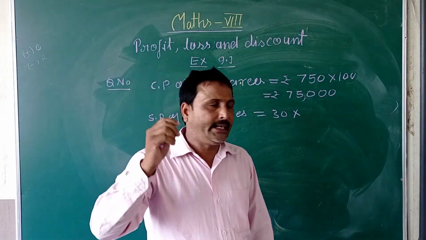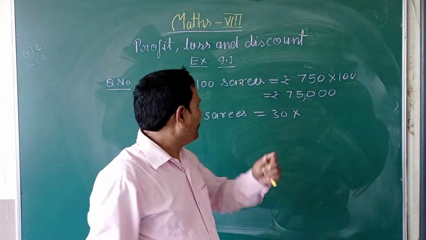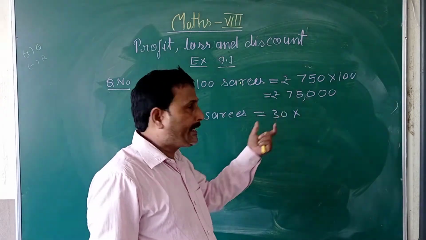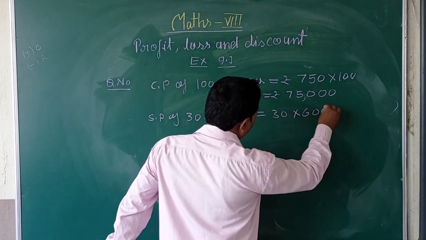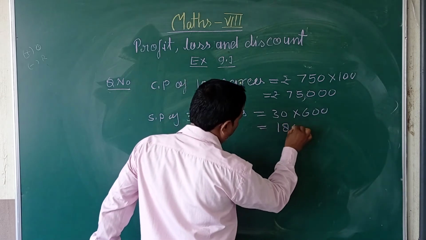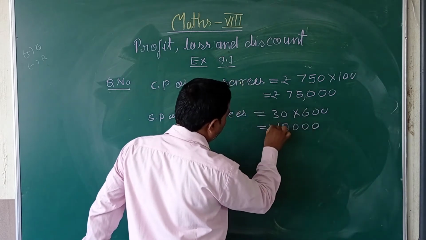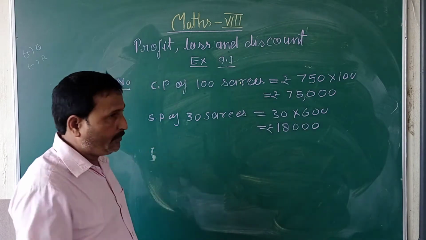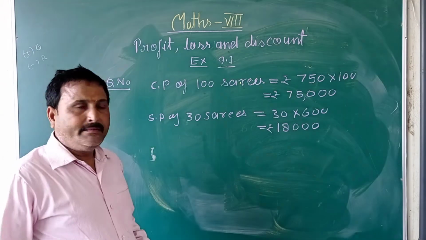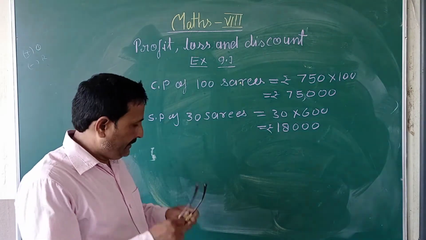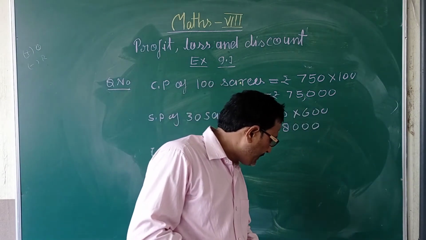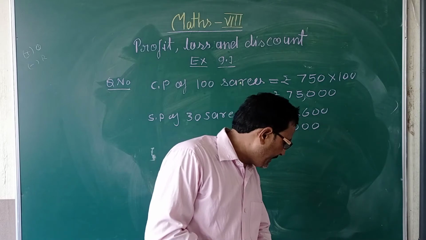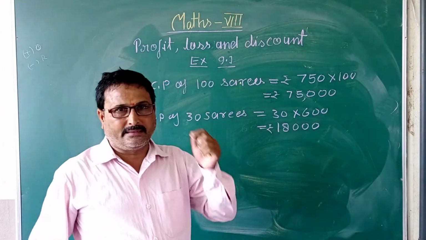The SP of one saree is 600, then the SP of 30 sarees is 18,000 rupees. Now, given the remaining sarees, the question is: at what rate should he sell the remaining sarees to gain 10%?